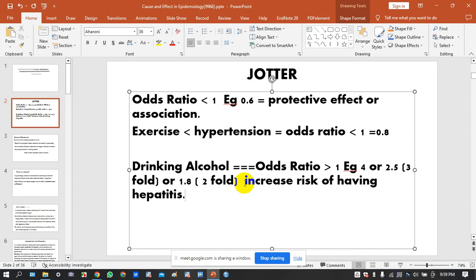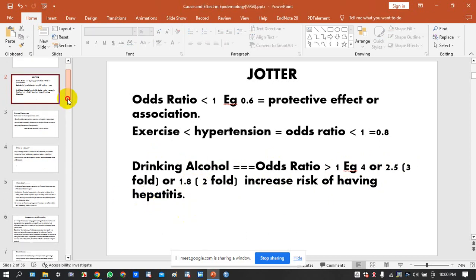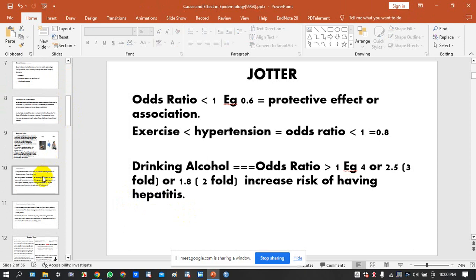If you drink too much alcohol, it will inflame your liver and give you hepatitis. So drinking alcohol has what? A 3-fold or 2-fold or 1.8 odds ratio or 2.5 odds ratio of you being predisposed to getting hepatitis. So that's the meaning of odds ratio.